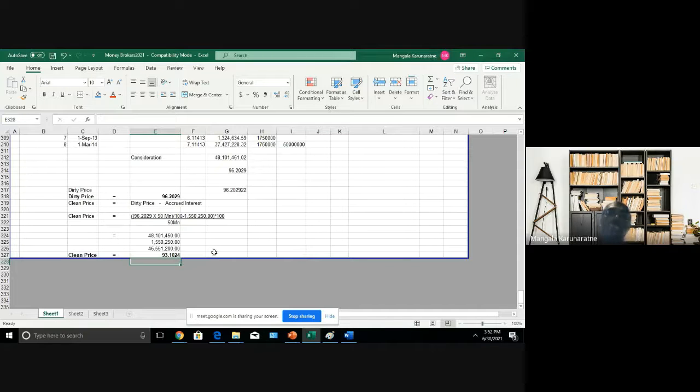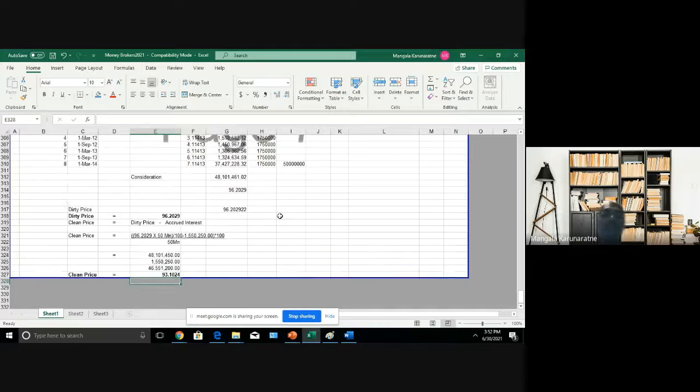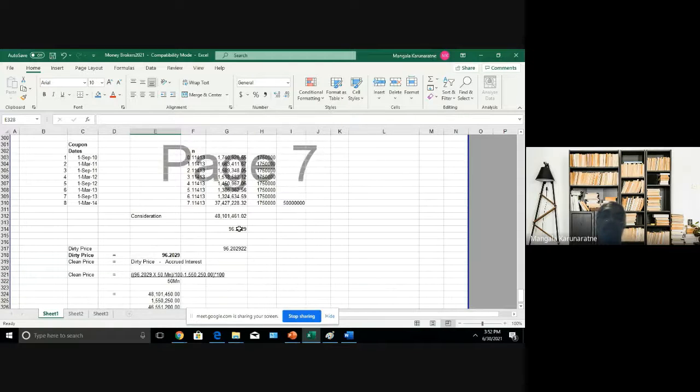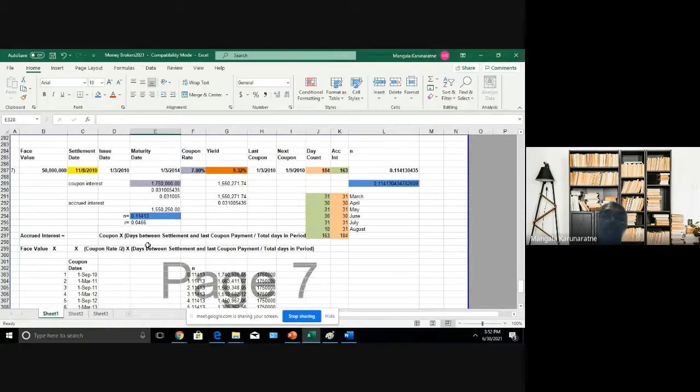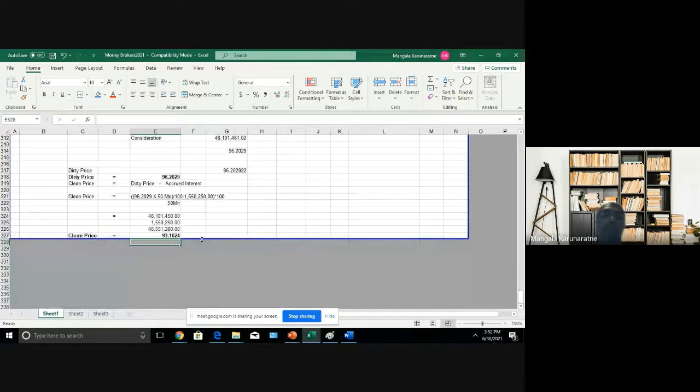You can go through this, since you can identify if there are any mistakes. We did this part yesterday, and we have arrived at the clean price now. Why do we indicate the clean price?